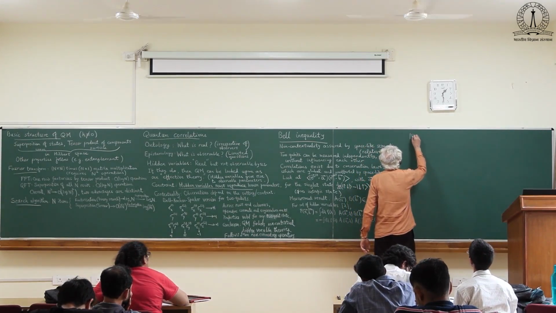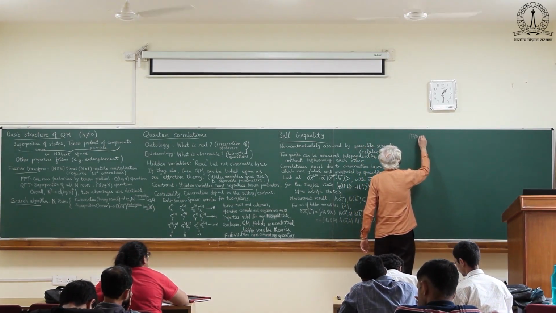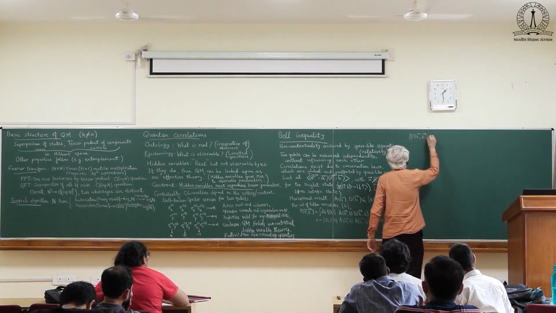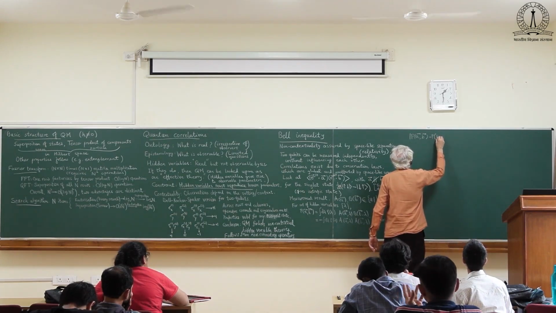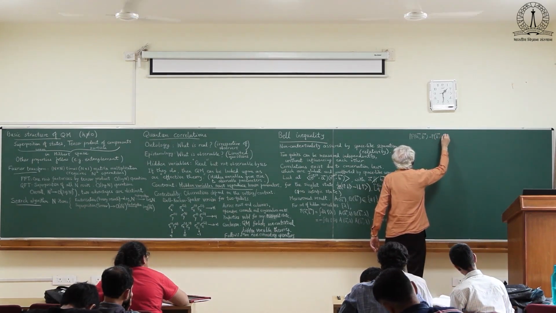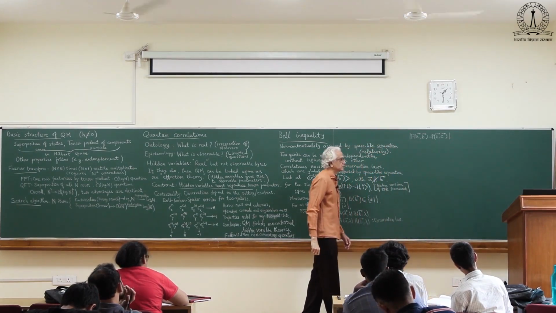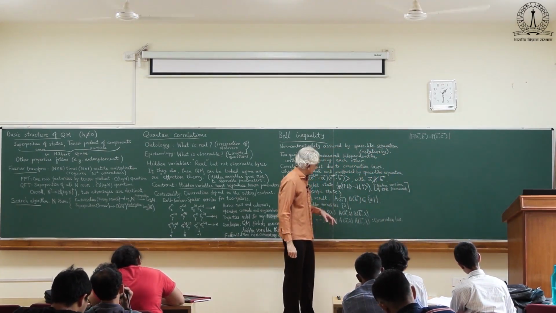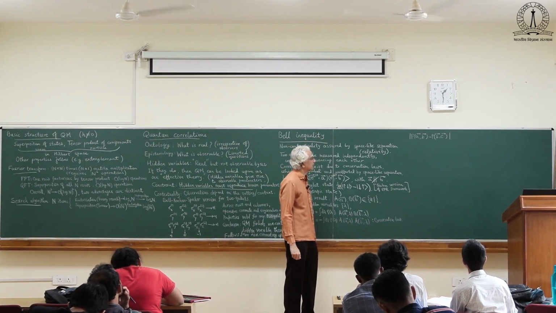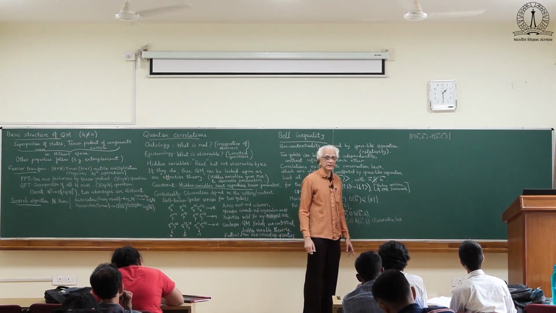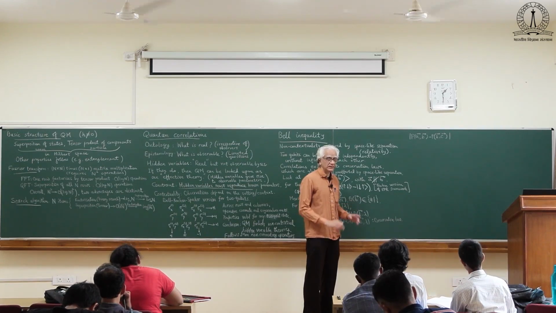Bell looked at this particular quantity: the correlation between A and B, the correlation between B and C, and the difference of the two.